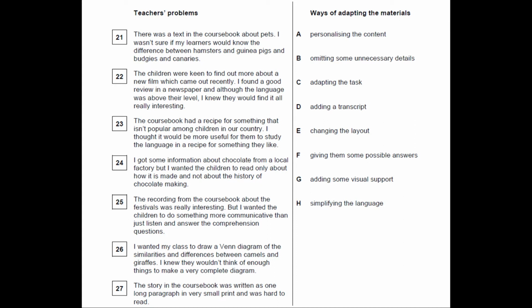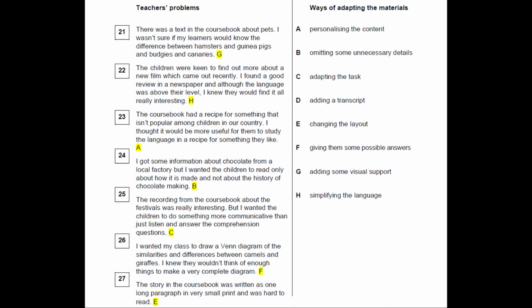27. The story in the course book was written as one long paragraph in very small print and was hard to read. This is changing the layout. Let's look at number 28. I often use action rhymes with my class because the movements help children to associate words with meanings. 29.